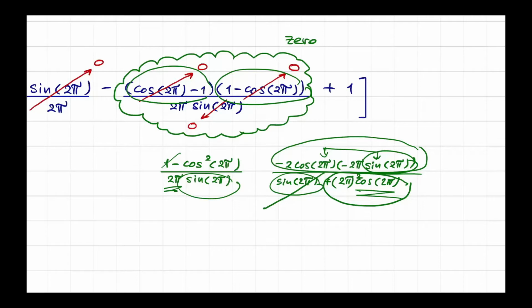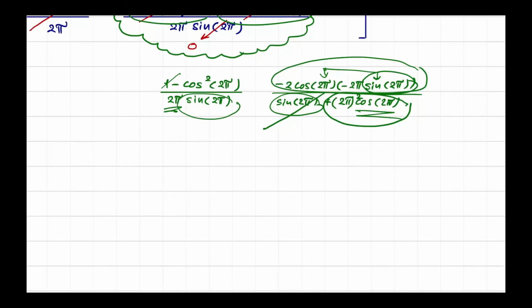So should I just rewrite it? 1 minus 2 times cosine 2 pi. Then we're supposed to be plus, right? Cosine squared 2 pi divided by 2 pi sine 2 pi, and we differentiate.